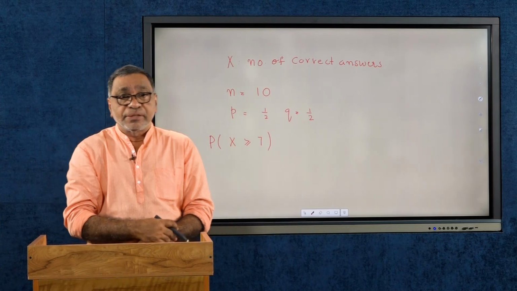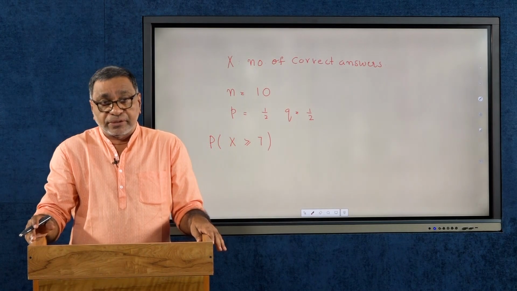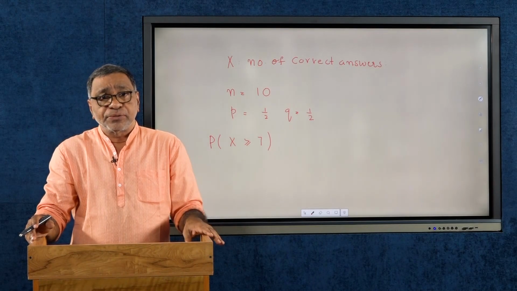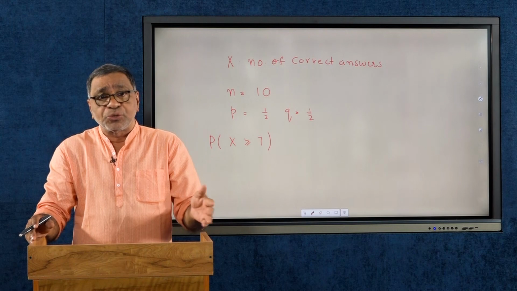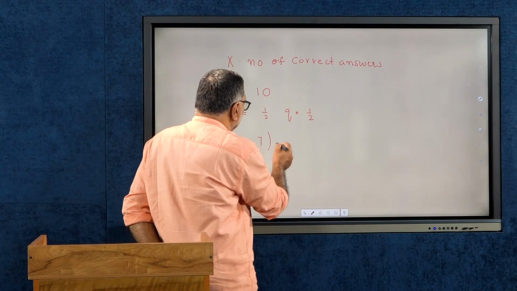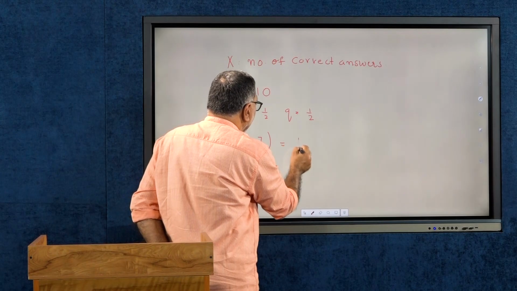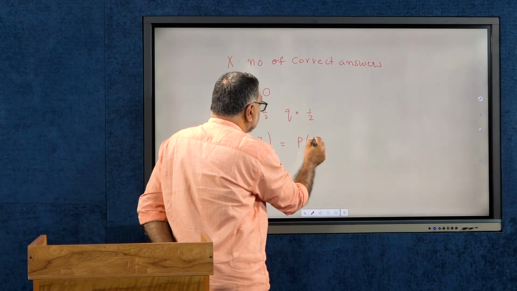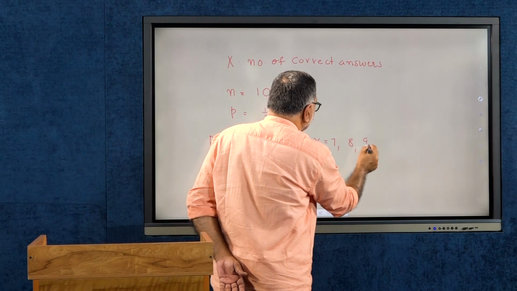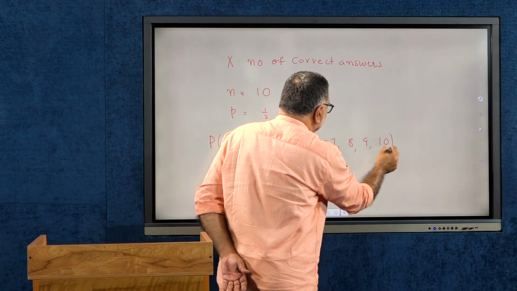That means 7 questions, 8 questions, 9 questions, or all questions are correct. So what is the probability of X greater or equal to 7? That is the probability of X equal to 7, 8, 9 and 10.